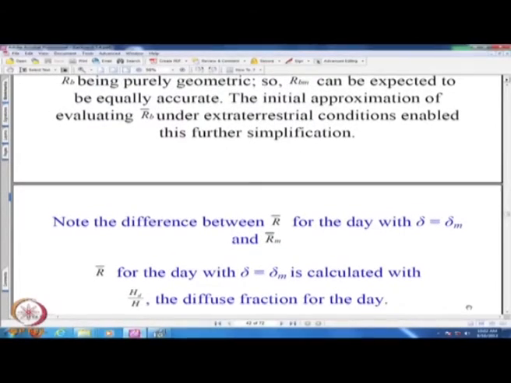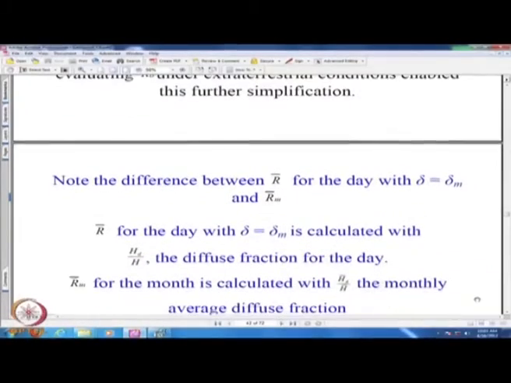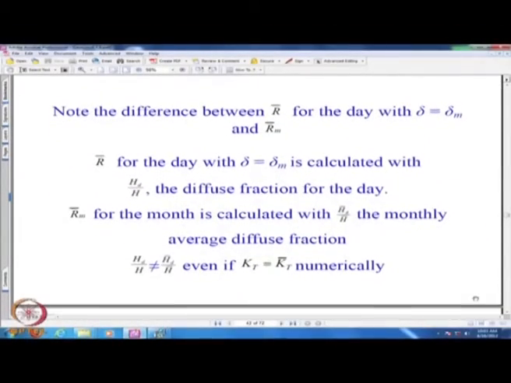So, in sum and substance, we can calculate the monthly average daily tilt factor also as if it is a single day's value using mean declination of the month and the monthly average clearness index and the corresponding diffuse fraction. So, in summary, we have a simple formula which we have already obtained under extraterrestrial conditions. We realized why R_B bar evaluated under extraterrestrial conditions is accurate enough, at least for south facing surfaces, compared to the terrestrial calculations.